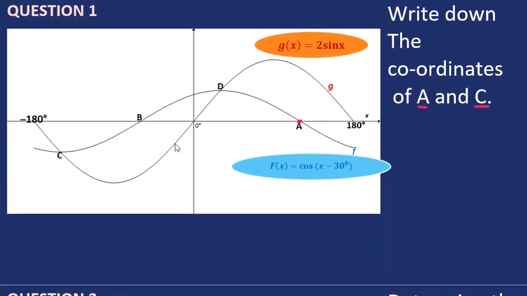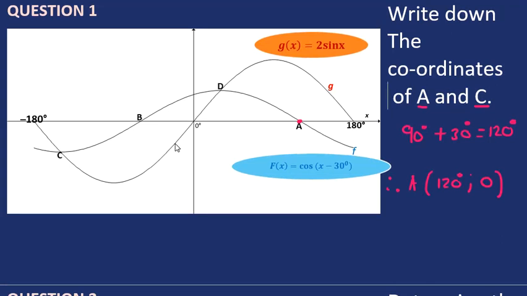So if the original function would cut the x-axis at 90 degrees, and it has now shifted by 30 degrees to the right, that means it will now cut the x-axis at 120. Therefore, the coordinates of A will be 120 degrees, and of course y is 0, so 120 degrees and 0.